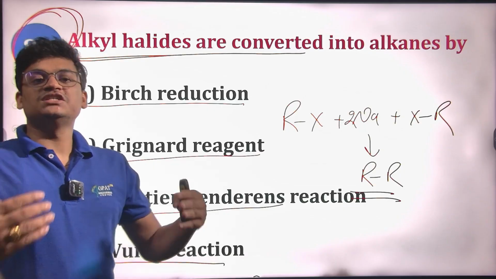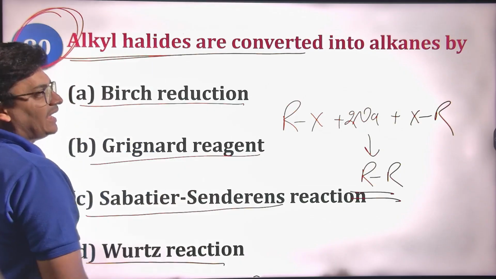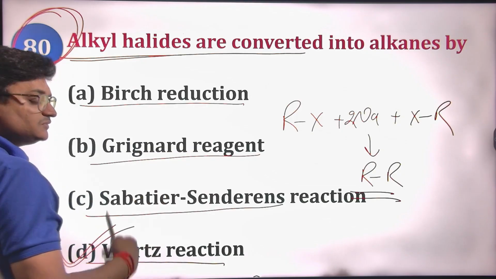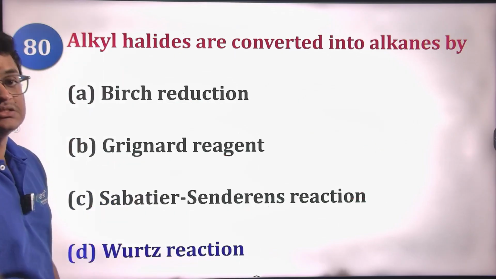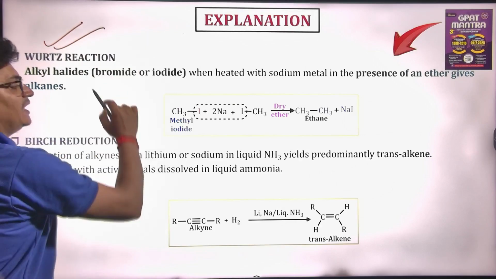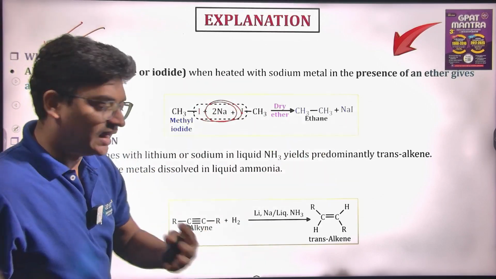Both the alkyl chains are joined and we have an alkane. This reaction is known as Wurtz reaction. So the correct answer is D, Wurtz reaction. When sodium is reacted with alkyl halides in dry ether, it gives us alkane.